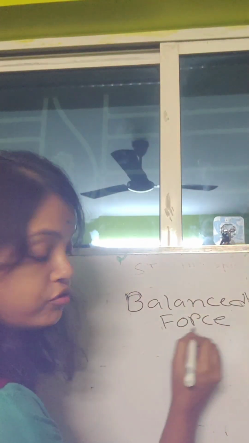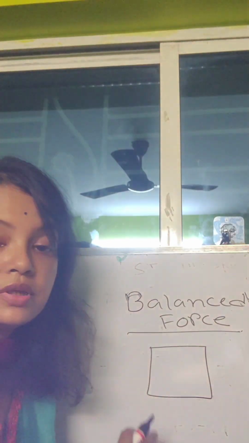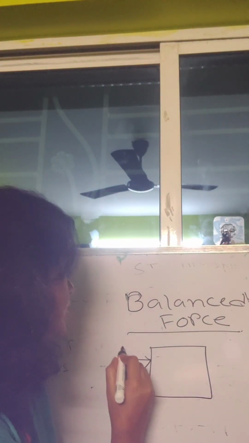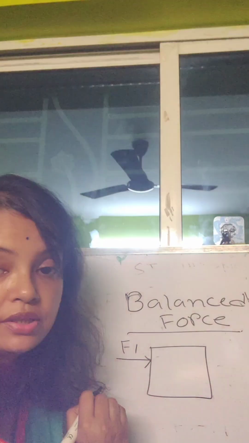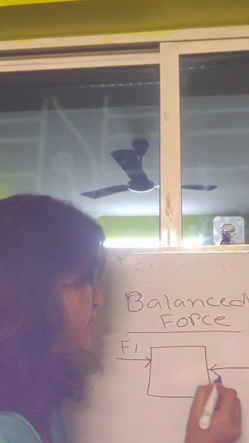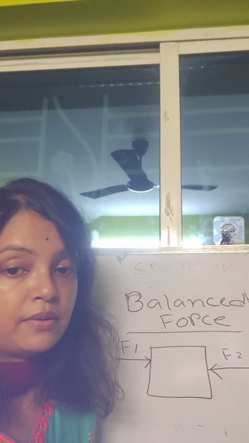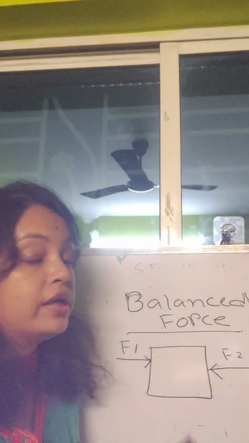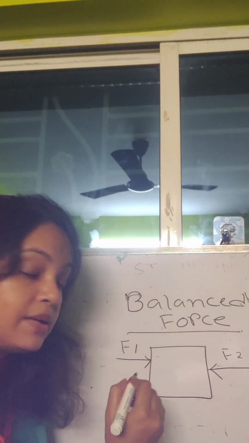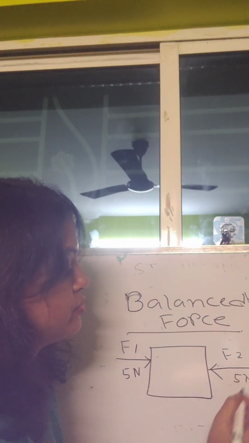Balanced force. The box is there and someone is pushing the box in this direction and another one is pushing the box in this direction, and these two directions are opposite, but the magnitude is the same. That means if one has a magnitude of, suppose, 5 Newton, the other is also 5 Newton.